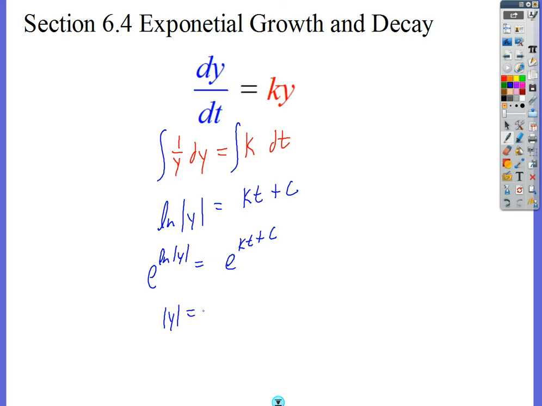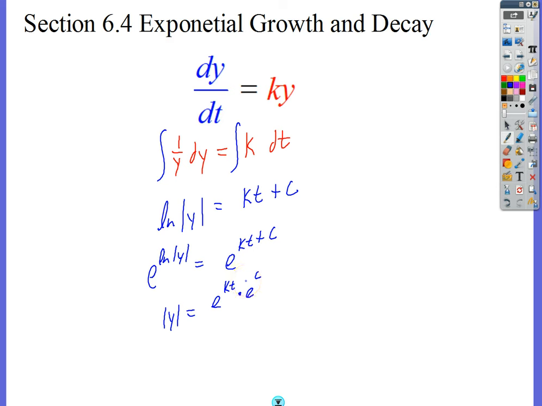I can separate this into e to the kt times e to the c, because these are exponents, and when I multiply something with the same base, that's going to get me my plus c, really adding up. That means I can separate and multiply by the same base.